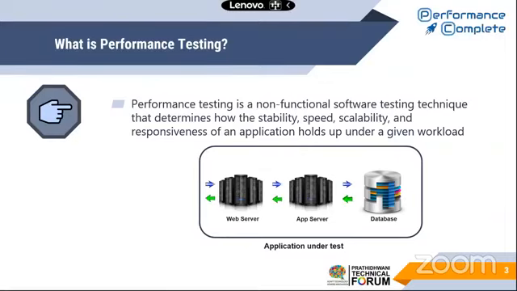Okay, so some of you may be from a functional testing background, automation background, or some of you may be beginners in performance testing. So what do you mean by performance testing? We test our application in our QA environment functionally, and once we finish the functional testing, we move the application to automation testing, where we convert all of our functional test cases to automation scripts.